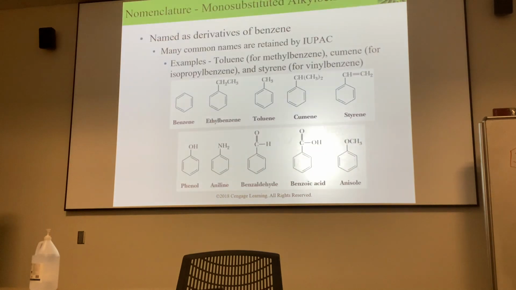Okay, nomenclature. With nomenclature, it would be useful for you guys to have an idea of phenol being benzene with an OH, aniline being benzene with an NH2, and toluene being benzene with a CH3.